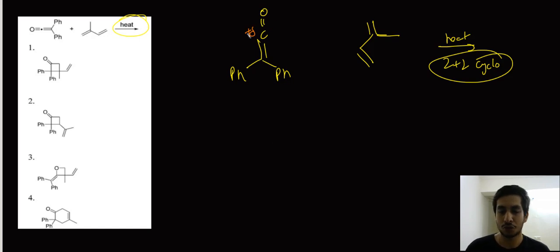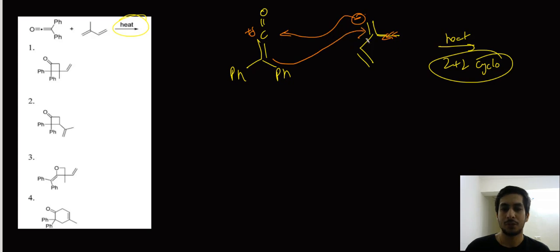So this carbon is the most electrophilic. Now we just have to find the most nucleophilic position over here. Because this methyl has some inductive effect, the most nucleophilic position will be this, right? So this will attack over here, and then this carbon will attack at this position.